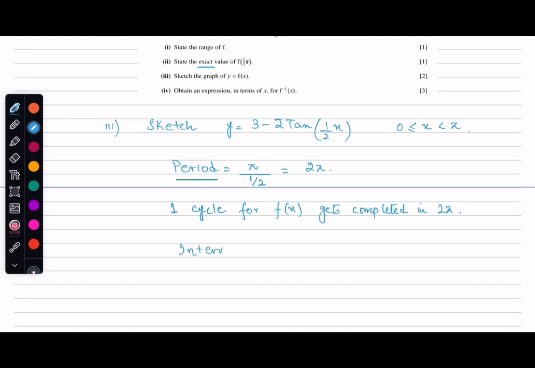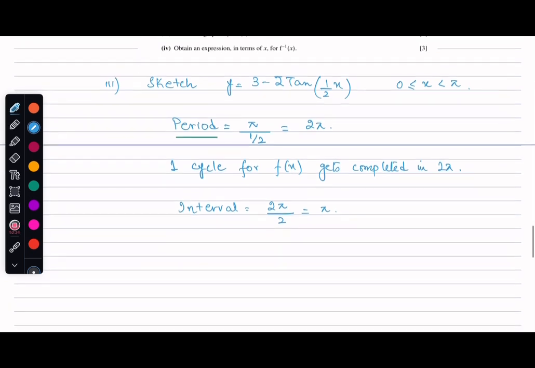For the tangent, we know that the period of tangent is 0 to pi, so it should get completed only within two quadrants. Here, 2 pi divided by 2 is pi, meaning the first quadrant for this function 3 minus 2 tan x by 2 shall only be equal to a pi, and this is what we are supposed to make the graph for.